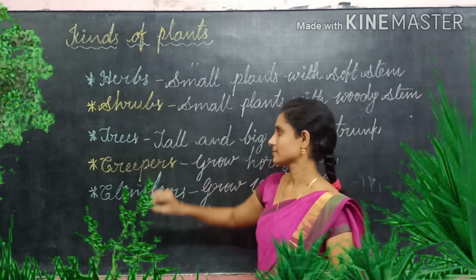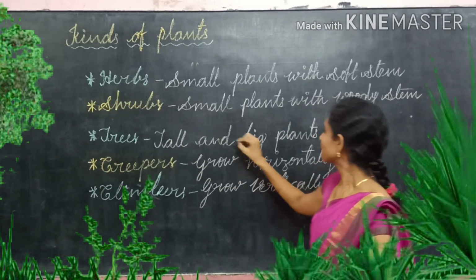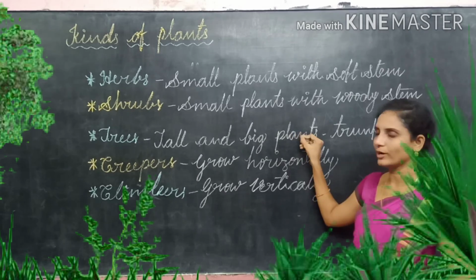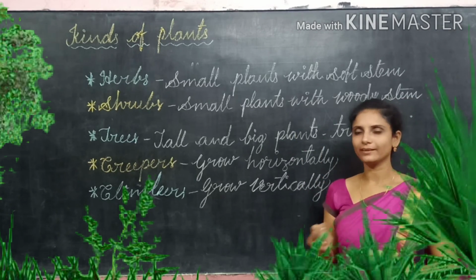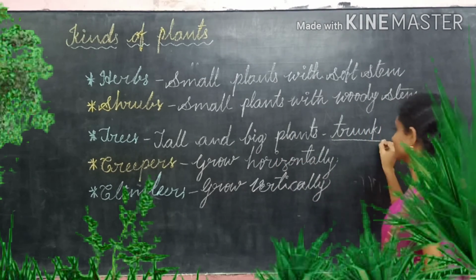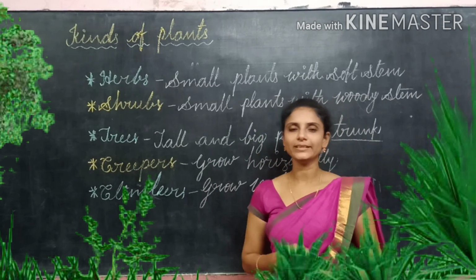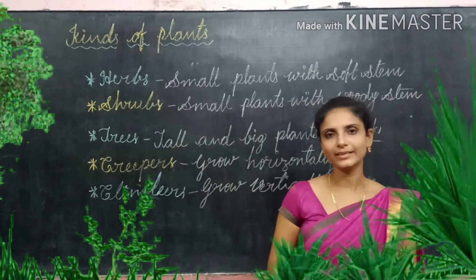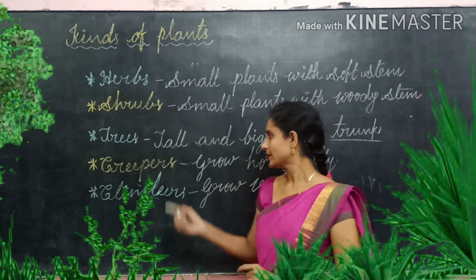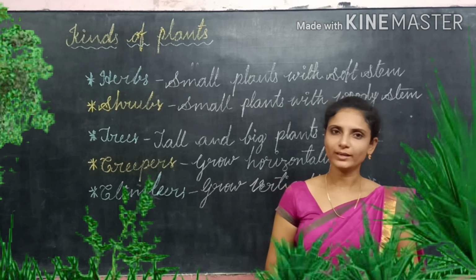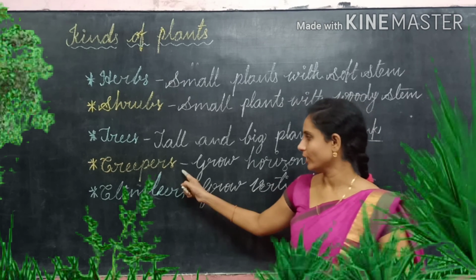Trees: tall and big plants, and the stem of a tree is called the trunk. Creepers have a weak stem and grow horizontally along the ground. Examples are pumpkin, watermelon and bottle gourd.